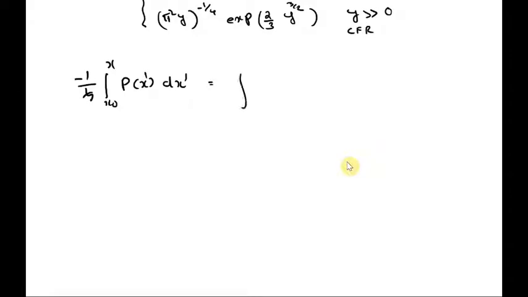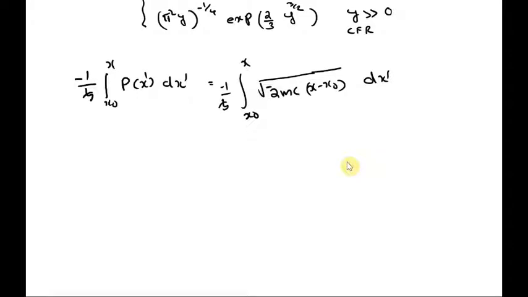Okay, so this is going to be minus 1 by ℏ, p of x is root 2mc times x minus x naught, and the minus sign will be there, dx prime from x naught to x.